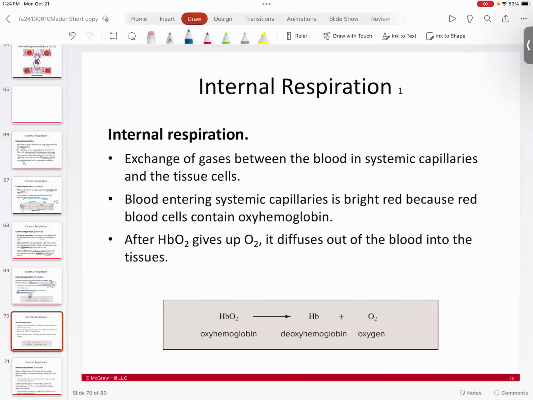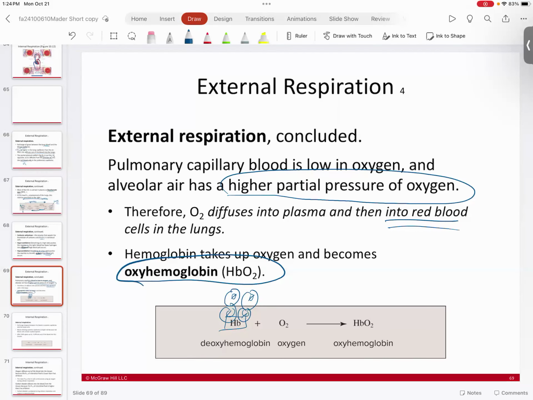So then when you have your oxyhemoglobin, this is basically what's leaving the lungs. And it heads toward the systemic side of the heart.